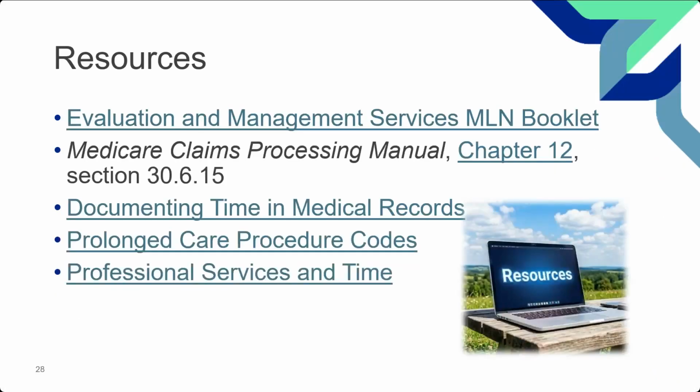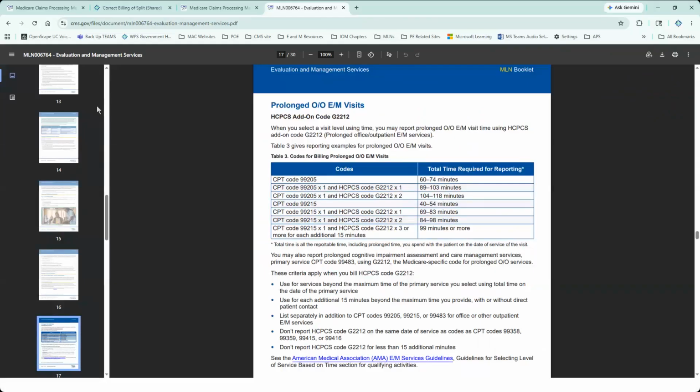So here are some of the things that we discussed today, some of the resources that we talked about. I have included a link to that evaluation and management services booklet. I'm just going to go back out there. I have the link for you. This is going to be very beneficial to you. It's going to include these charts. Here's the office and outpatients.